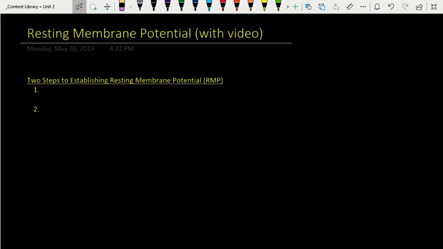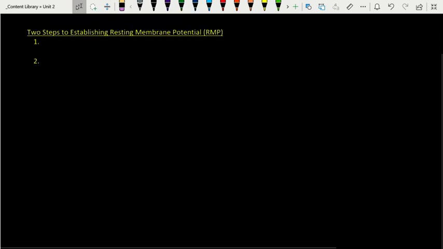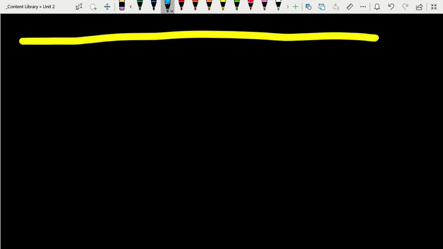Well, to understand that, consider, if you will, two neurons. Your brain is composed of 80 billion neurons, and while this is a significant oversimplification, it is important to fundamentally understand how neurons talk to each other.